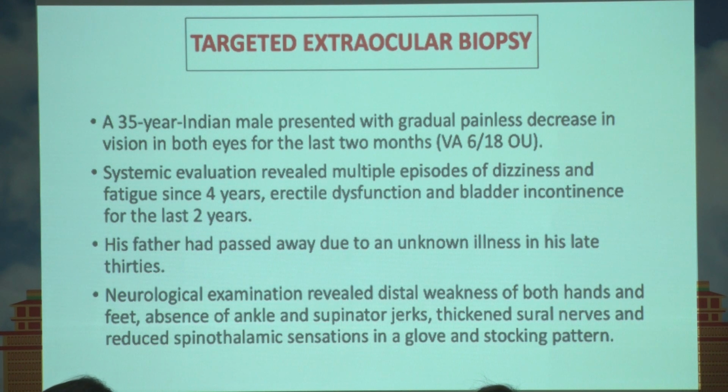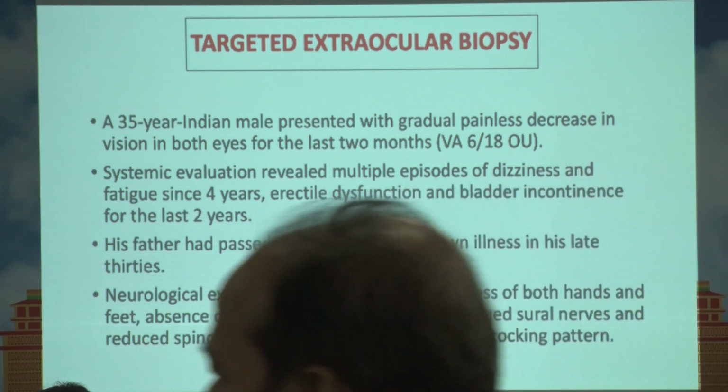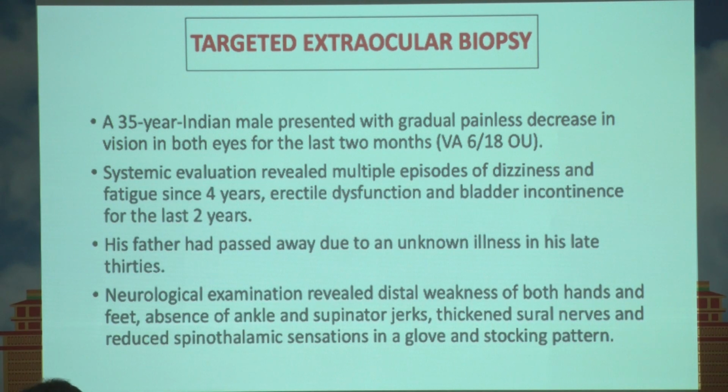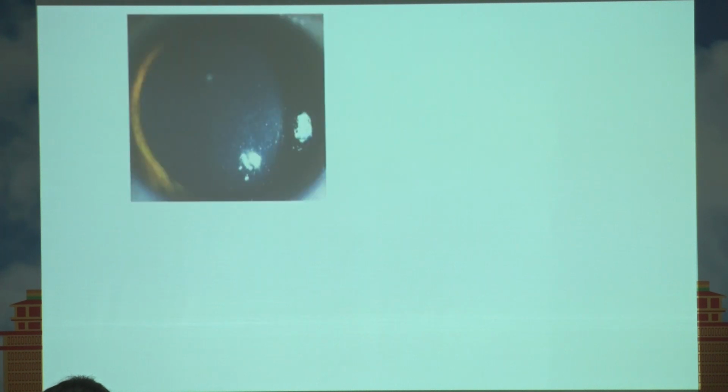Quickly, a small example of how an ocular exam can dictate a targeted extraocular biopsy and lead to diagnosis. A 35-year-old male had a gradual drop in vision, 6/18 in both eyes, with a family history: his father had died at a very similar age. He had multiple neurological issues, with supinator jerks and ankle jerks absent.